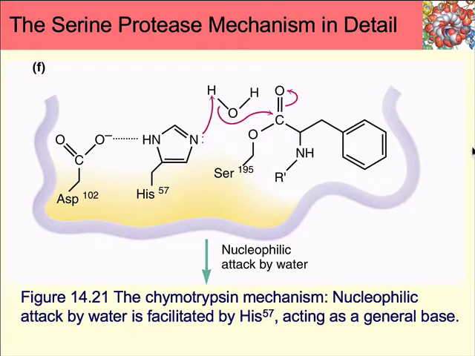In this step, the histidine is acting again as a general base, taking a proton from a water molecule this time, producing an OH- right in the active site, and that OH- attacks the carbonyl carbon of the covalent bond between the serine and the remaining portion of the substrate.